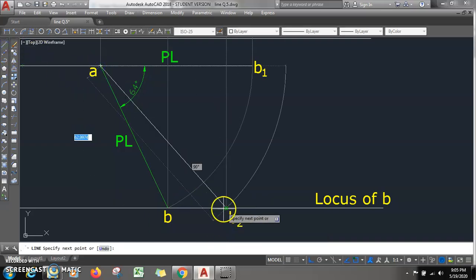AB2 will be the true length, and the angle made by the true length will be phi.